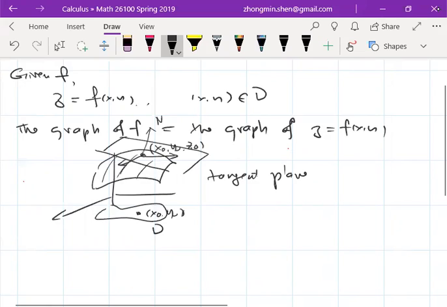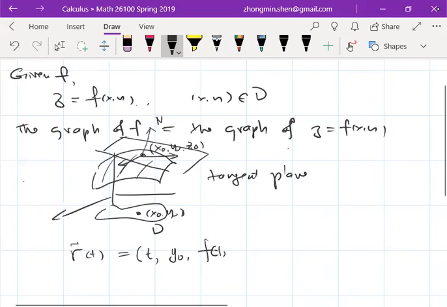How can you get a tangent vector? Consider a curve on the surface. The first component will be t, the second component is fixed, and the third one will be just f of t and y naught.